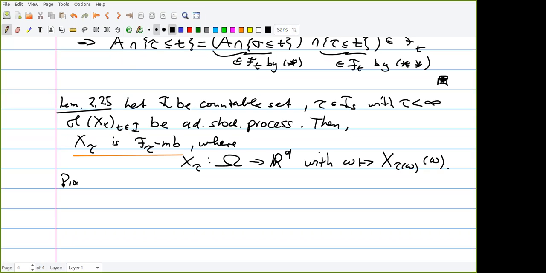Okay, let's check this. Okay, we want to check measurability, so let's take a set A from the Borel sigma algebra on R plus.